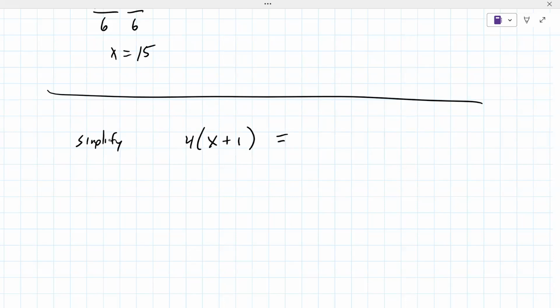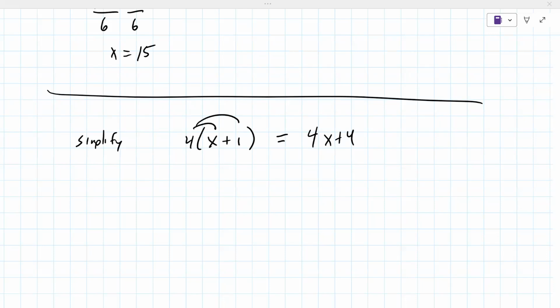Tell me the result. Well, it's 4x plus 1. You got to multiply both, though. Sorry, 4x plus 4. All right, good.